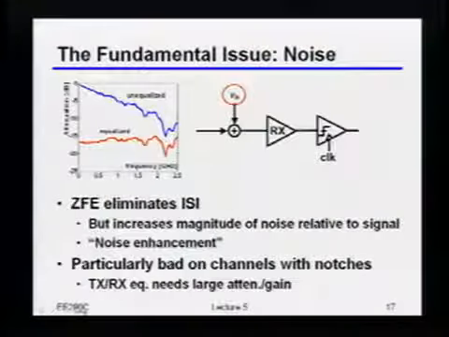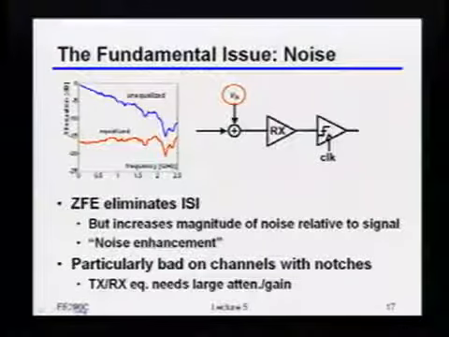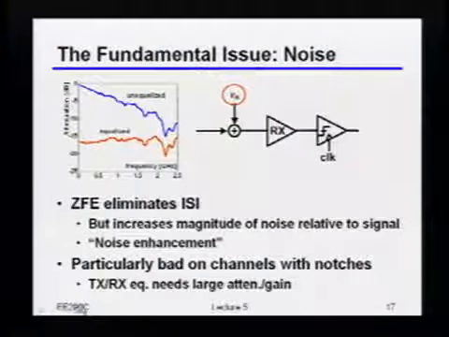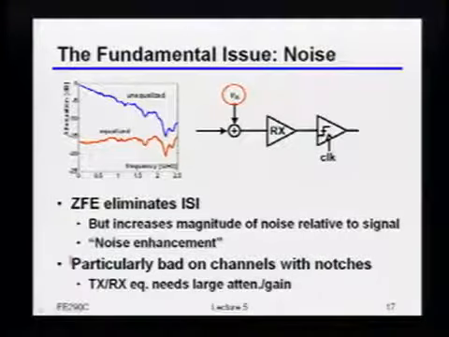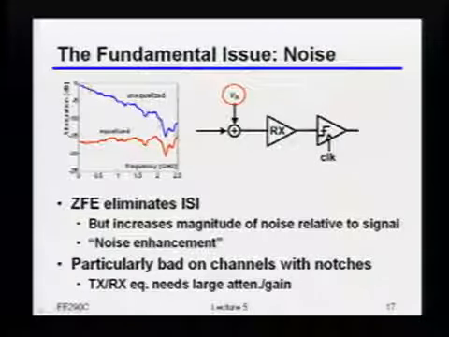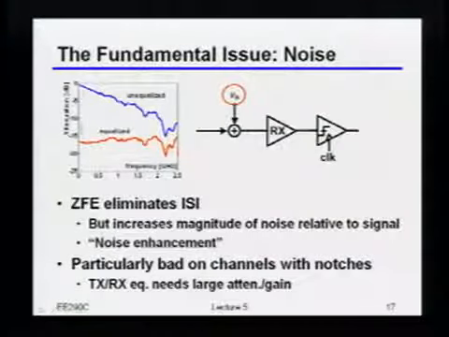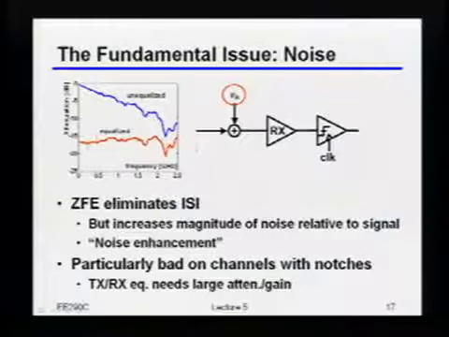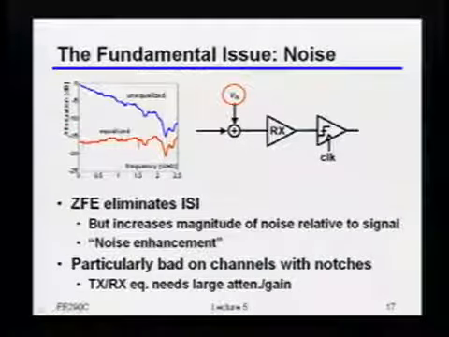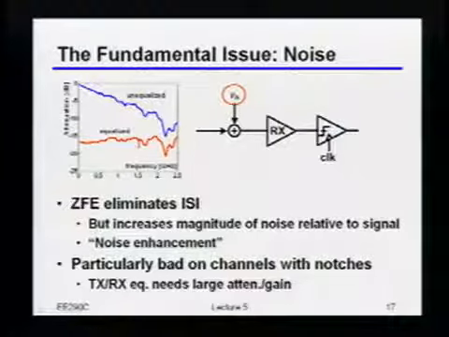So the real fundamental issue, which we hinted at a little bit earlier, is that if you look at what your transmit FIR filter is doing, if this was my unequalized response and I wanted to flatten this out all the way to 2.5 gigahertz, my only choice is to knock everything down to the worst case loss. So I'm literally throwing away a bunch of signal.